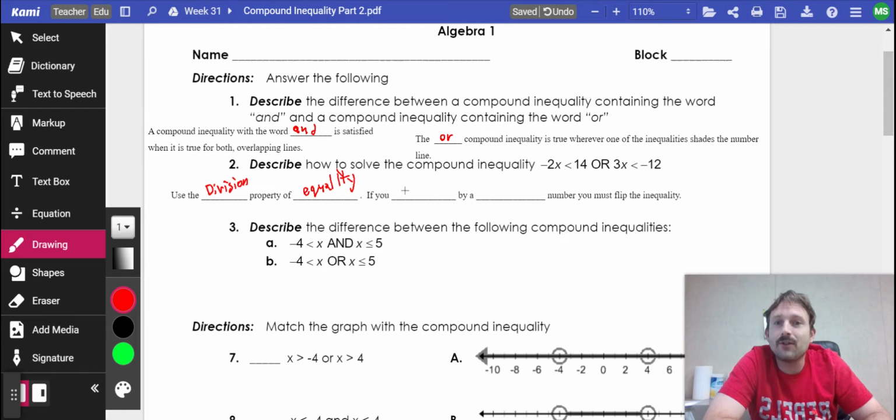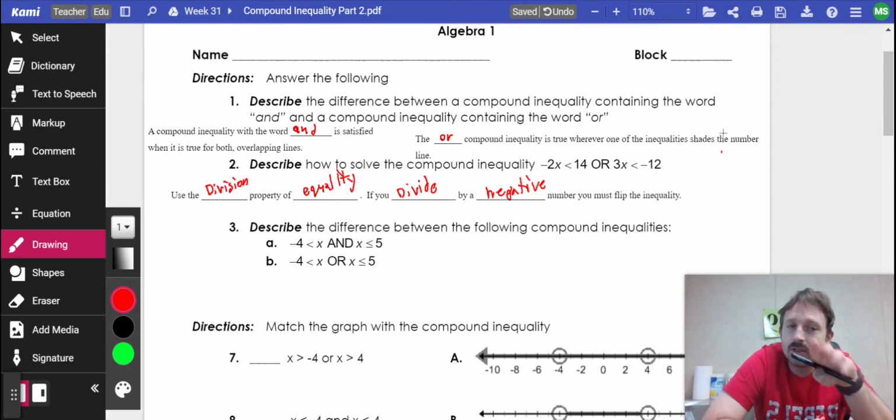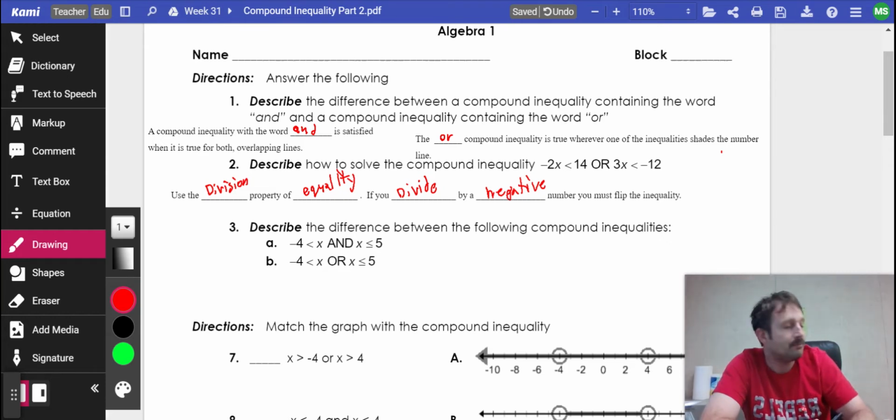If you divide or multiply, because it's same coin, different sides, by a negative number, you must flip the inequality. Be aware that for one of these inequalities you might need to do it, and for the other one you don't. Figure out which one it is, and you'll be golden.